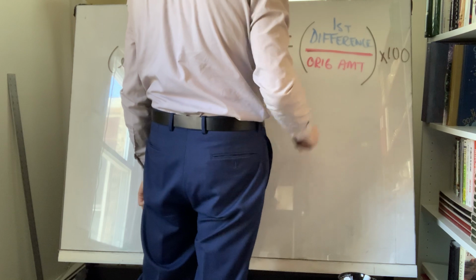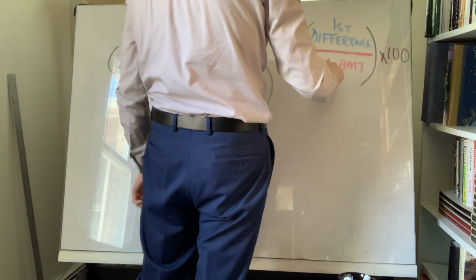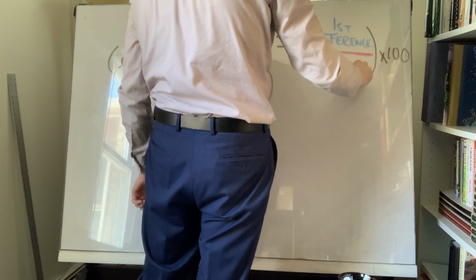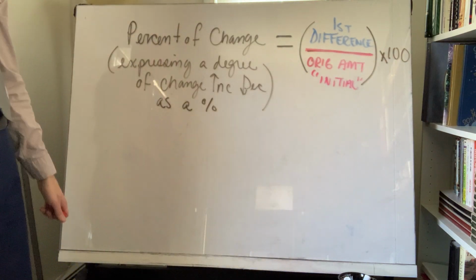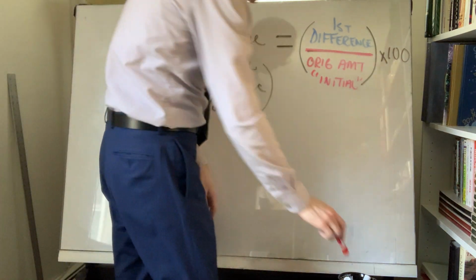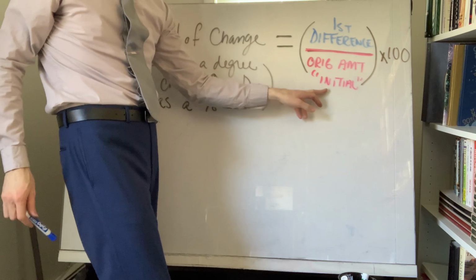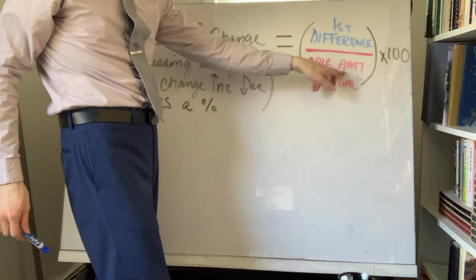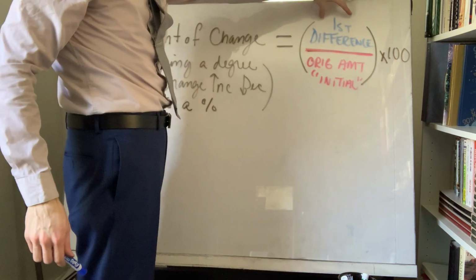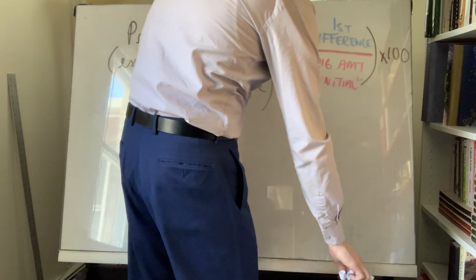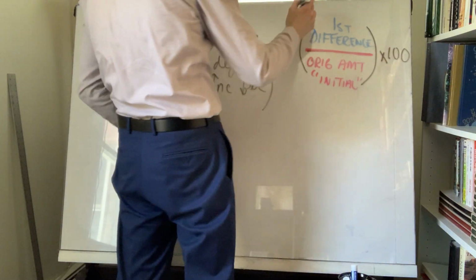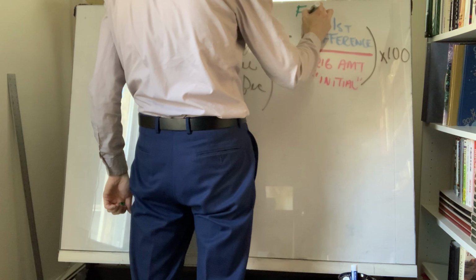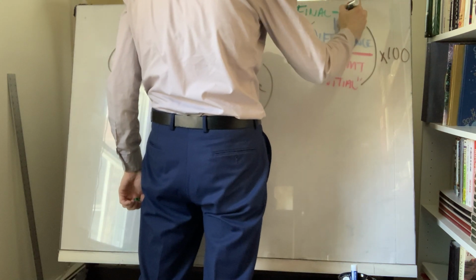Sometimes they would say initial amount. If I'm sticking with that labeling, initial as in the original starting amount, the difference would be the final amount minus the initial amount.